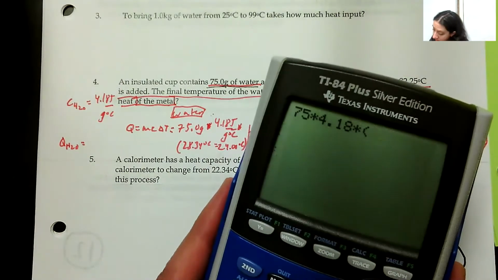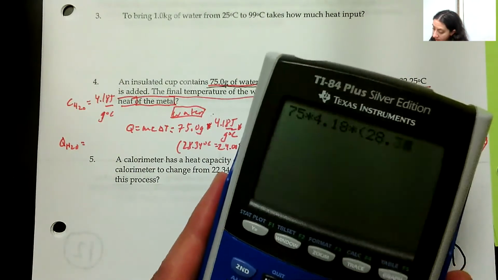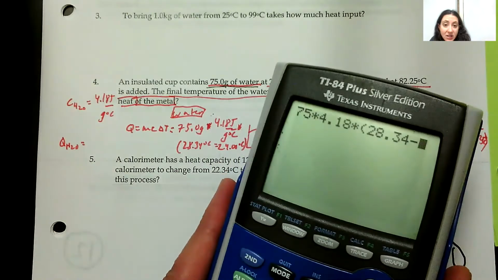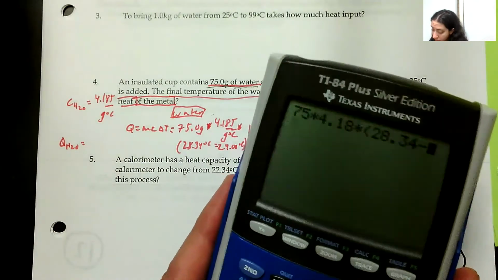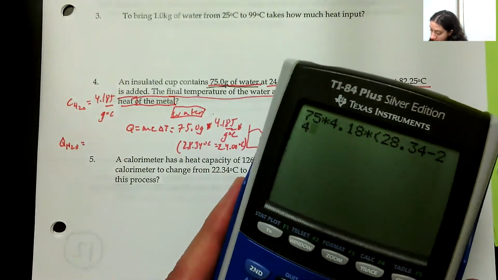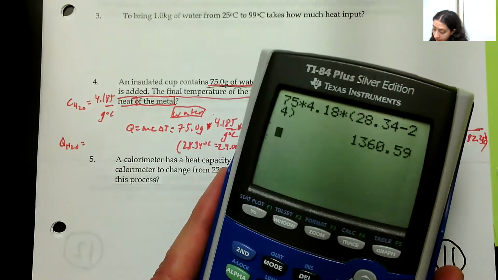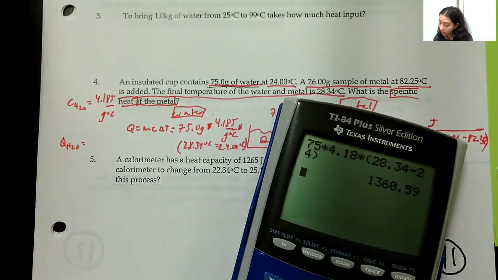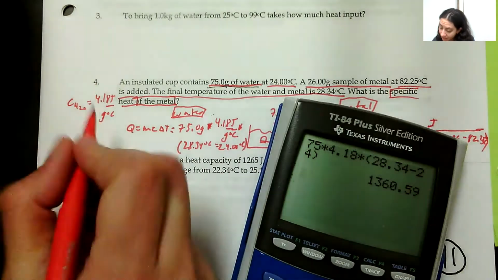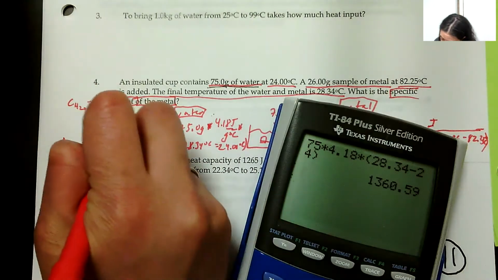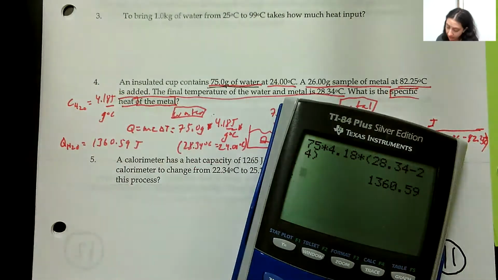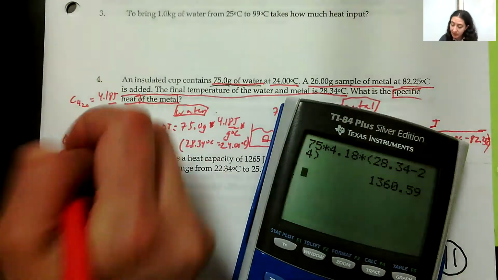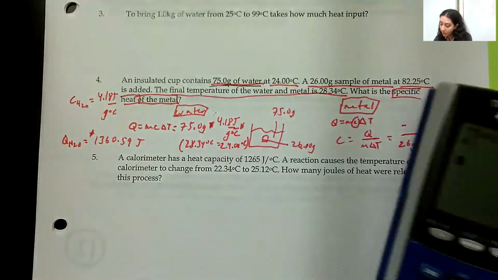So that's going to be 28.34 minus 24. And it looks like we've got 1,360.59 joules. Okay, and that's a positive number. That's how much energy the water gained.